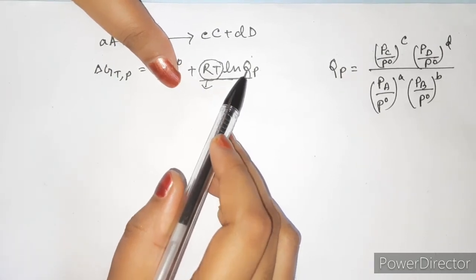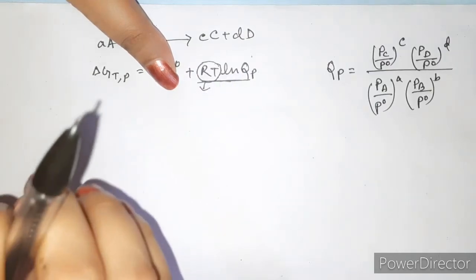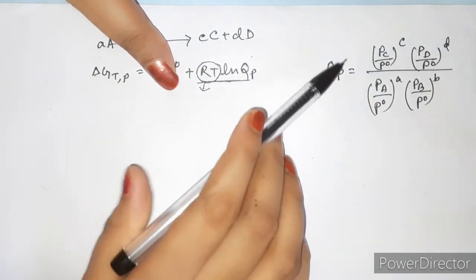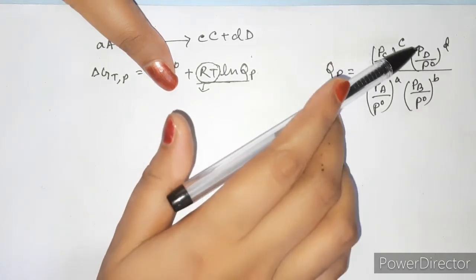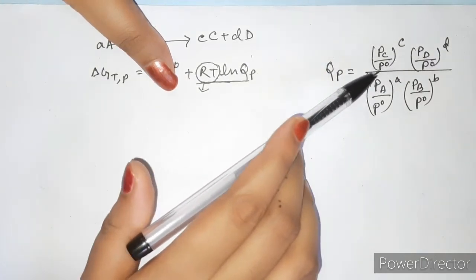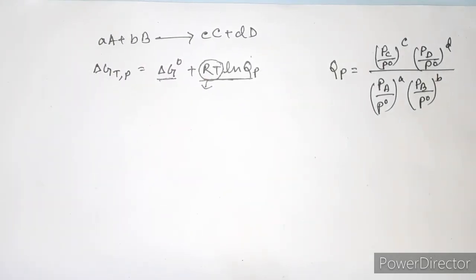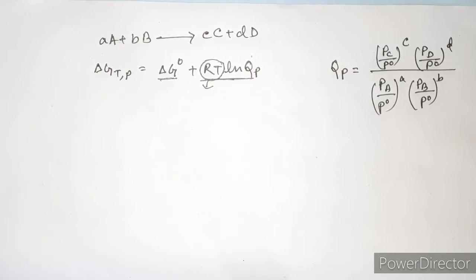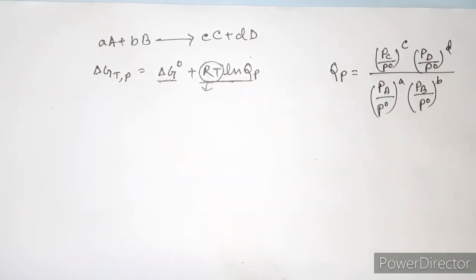Let's assume that Qp at a particular time is when the partial pressure of the product is less than the partial pressure of the reactant. If the partial pressure of the product is less than the partial pressure of the reactant, then this Qp is a fraction.